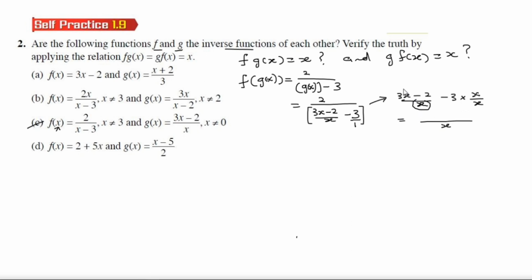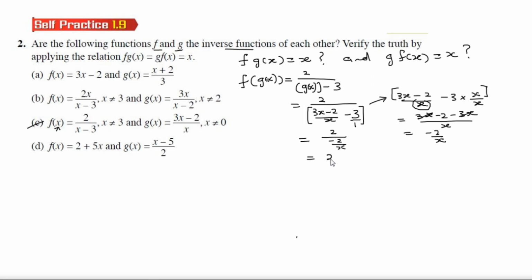Now we focus on this part. Okay, 3x minus 2 minus 3x. So 3x minus 3x cancel out. Remain negative 2 over x. So we continue. This is 2 over (negative 2 over x). How to simplify this?